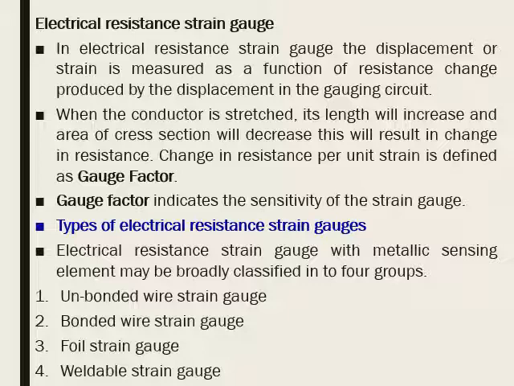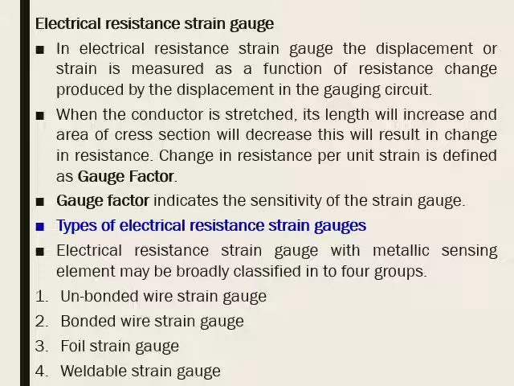In other words, when a conductor is stretched, its length L will increase, its area will decrease, and the resistance will increase. Similarly, when the conductor is compressed, resistance R will decrease. Strain can be measured, calibrated to the change in the resistance.